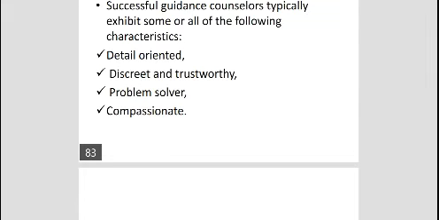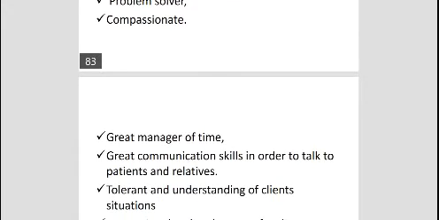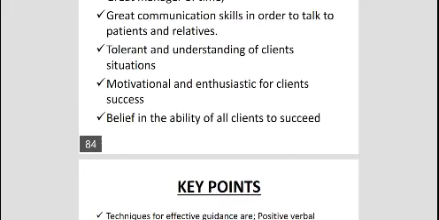He or she is a problem solver, compassionate, a great manager of time, has great communication skills in order to talk to patients and relatives, is tolerant and understanding of the client's situation, motivational and enthusiastic for client success, and believes in the ability of our clients to succeed.